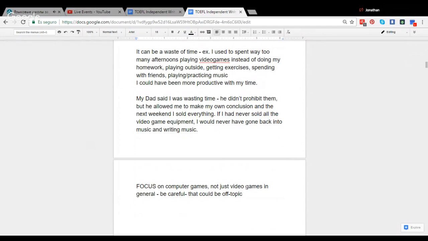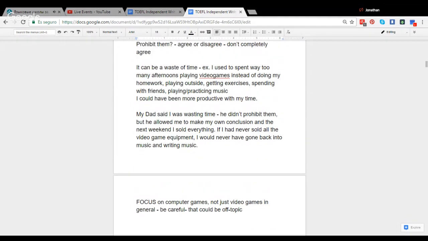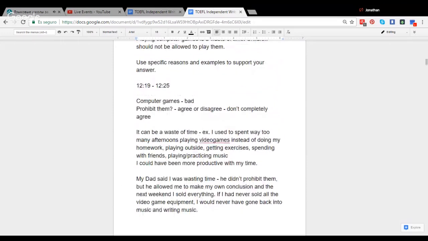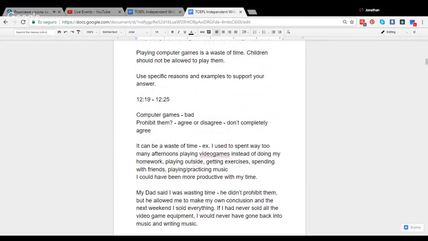Make sure you understand what the question is asking you, not what you want to understand. I even do this myself, also in conversations with people. I might hear what I want to hear, but on the day of the test, read what the question is stating, not what you think it's stating. This one is clearly saying computer games. Okay.